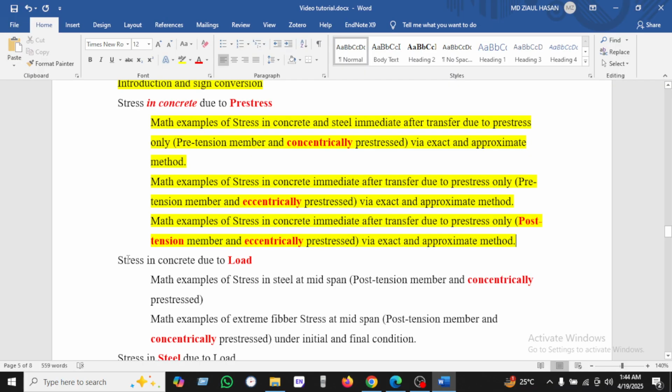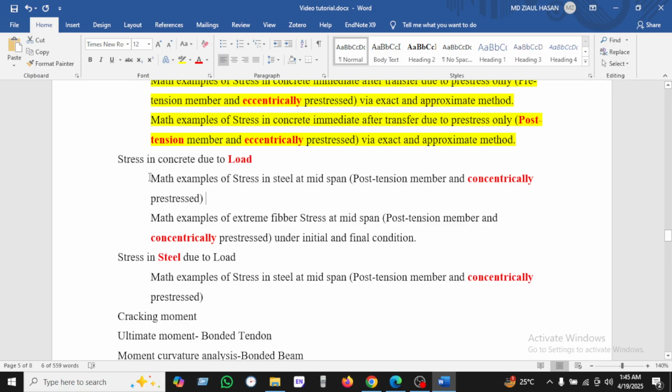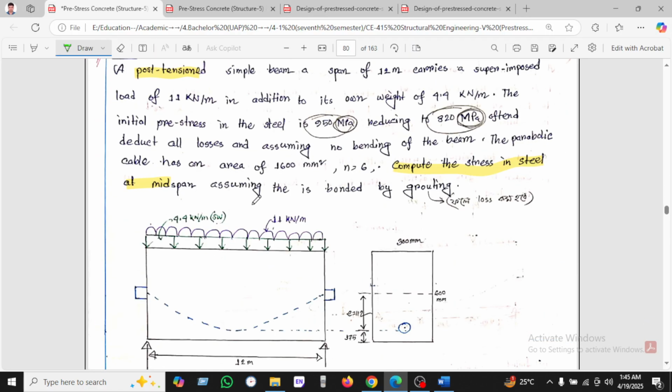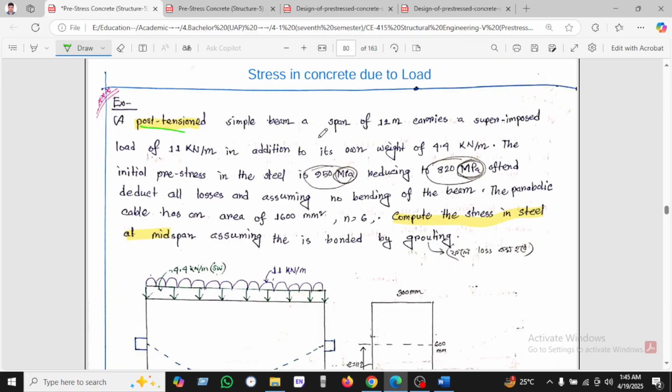Now we can see the stress in concrete due to load. So we can see how we calculate the maximum stress induced in steel in a post tension member that is concentrically prestressed. So let's see here. This is the post tension beam with a span of 12 meters that carries a superimposed load given here, and additional wing to wide is given here.